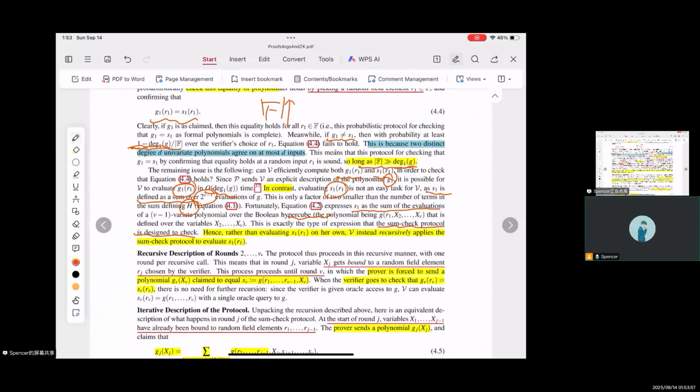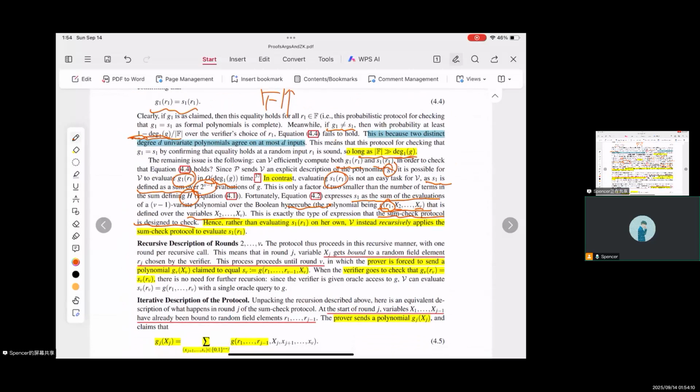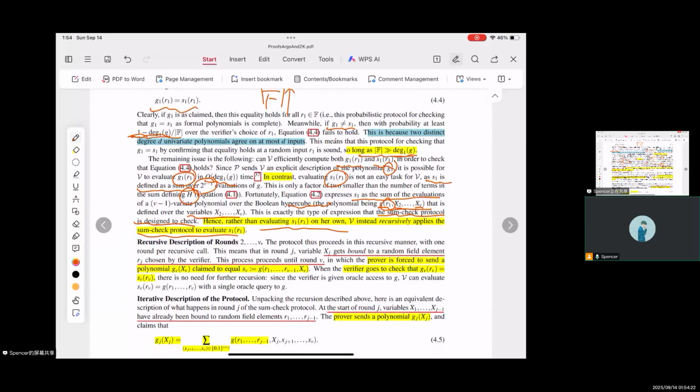The polynomial R1 can be fixed, and x2 to xv are v minus 1 variables. So rather than evaluating S1(R1) on its own, we instead recursively apply the sum-check protocol to evaluate S1(R1). So it's just a recursion.